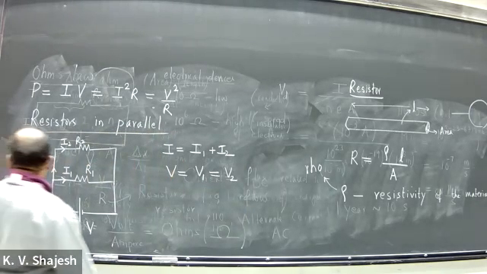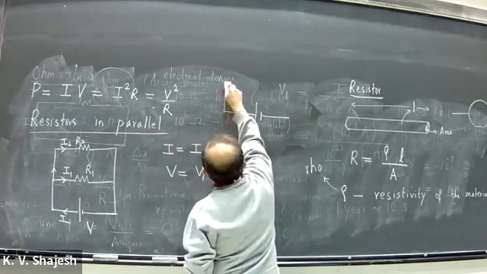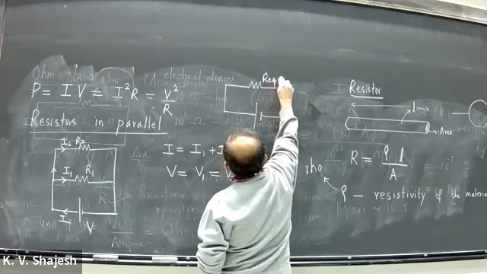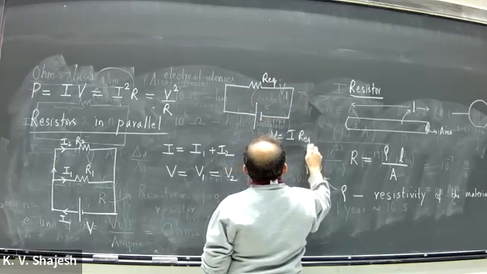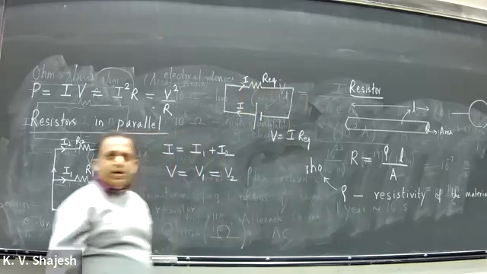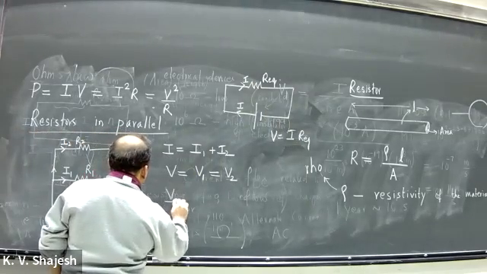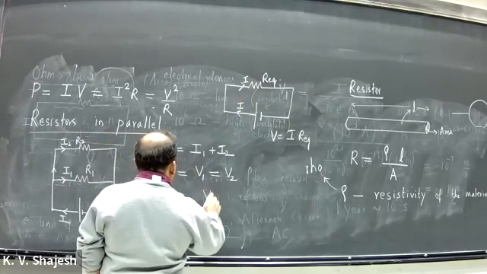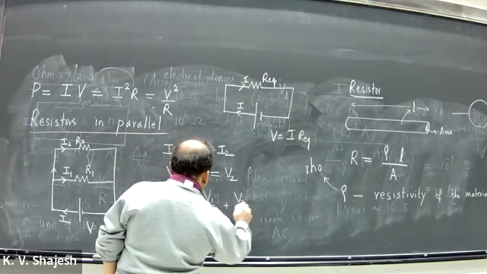If that is the case, you put in an equivalent resistor, R equivalent, and you say that V is equal to I times R equivalent. That's I. This time the same I will go in this. Replace current with voltages, so you have V over R equivalent is equal to V1 over R1 plus V2 over R2.